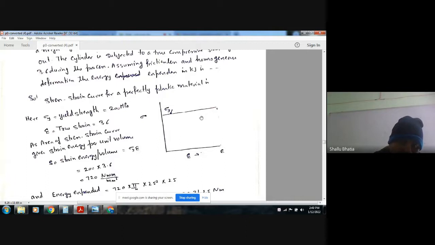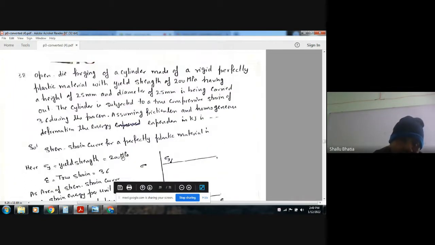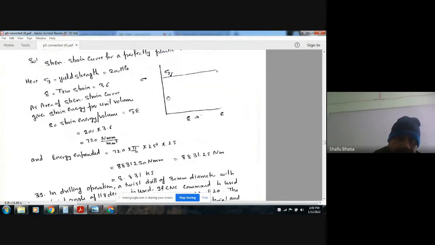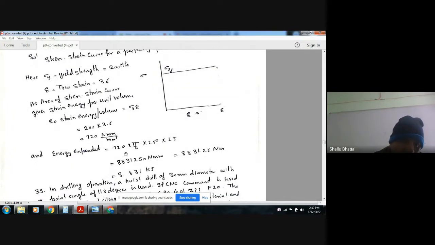Now volume of the cylinder can be calculated by this height and this diameter. So this will be pi by 4 d square h. So the energy expended is this into volume. This will be 8.831 kilojoules.